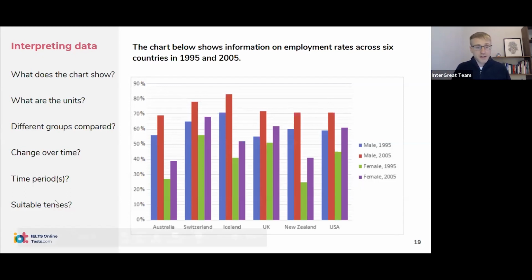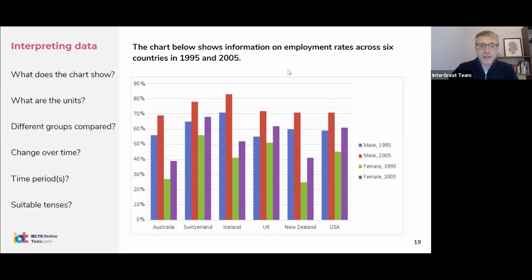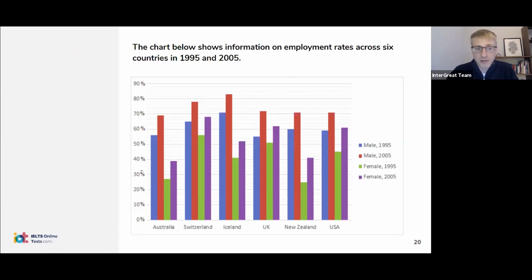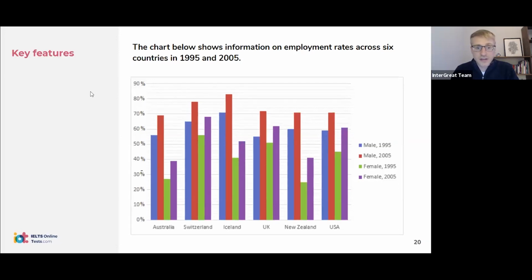Okay, right. So now that we've got an idea of the graph, what it's showing us about employment rates, it will be useful to look at the key features. So we want to think about the main trends, patterns, different events, okay?